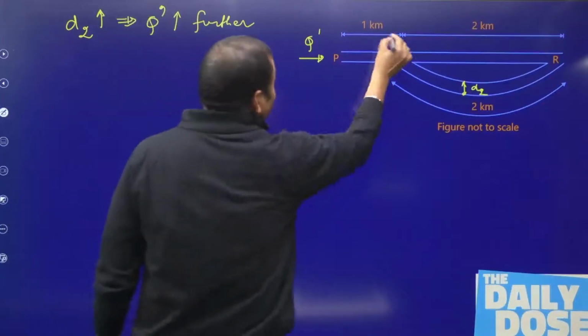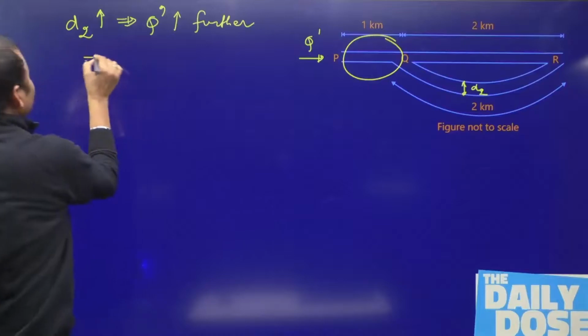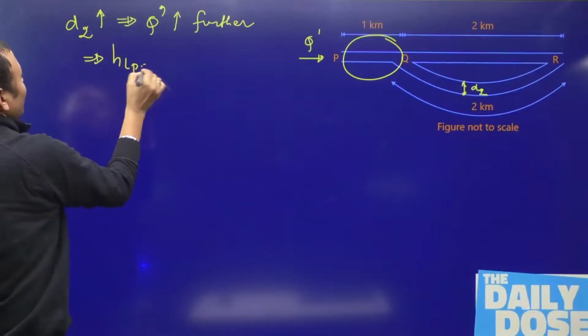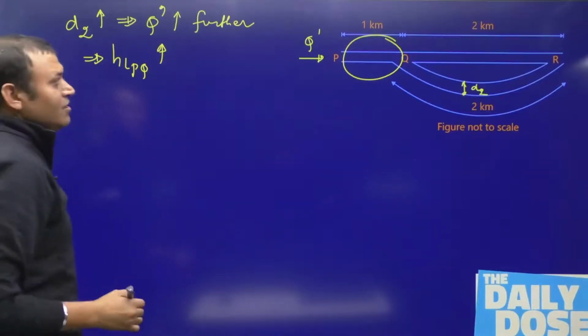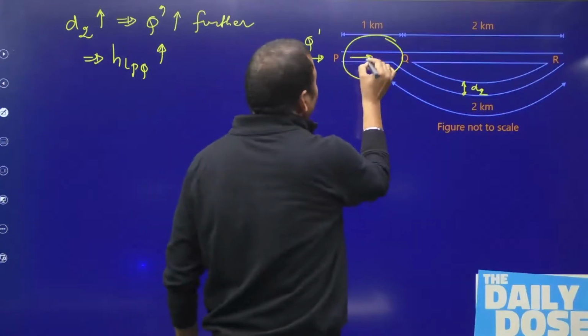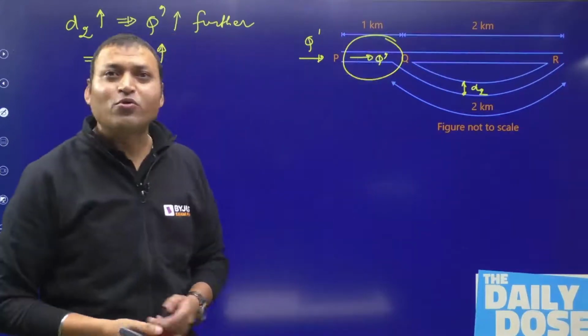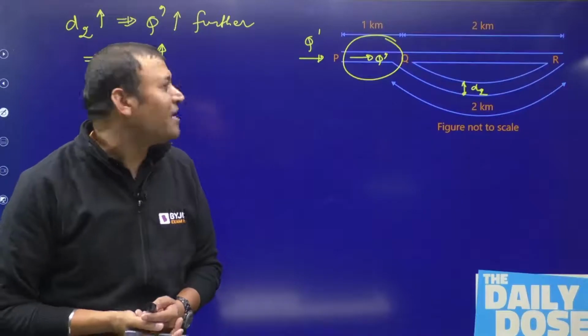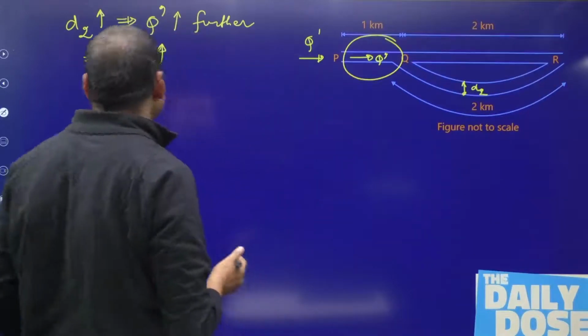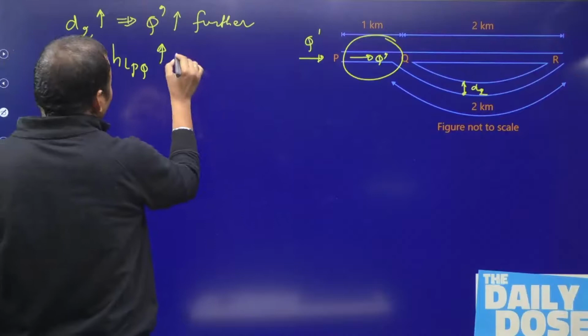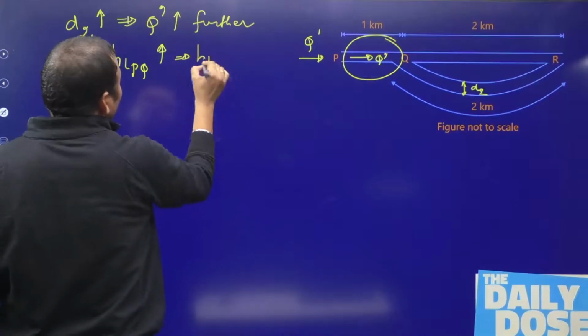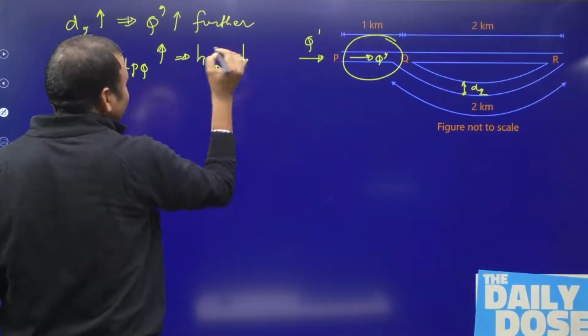And if Q dash increases further, do you agree the loss between P to Q will increase? The loss between P to Q will increase because the discharge is Q dash. Nothing else is changing between P to Q; it is only the discharge which is changing. So the loss between P and Q will increase, and the loss between Q to R will decrease. Why?